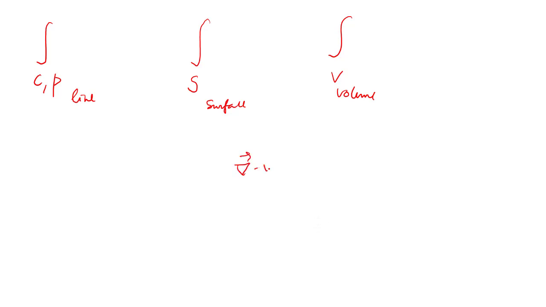We looked at, for example, del dot V as dou V by dou x plus dou V by dou y plus dou V by dou z, right? So we looked at divergence mainly in Cartesian coordinates. So we got this simple form.